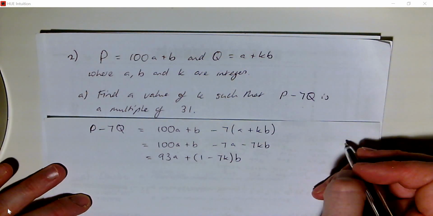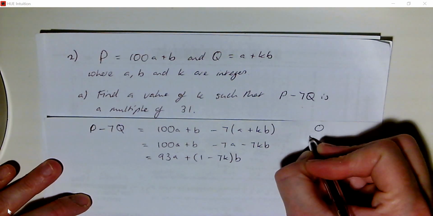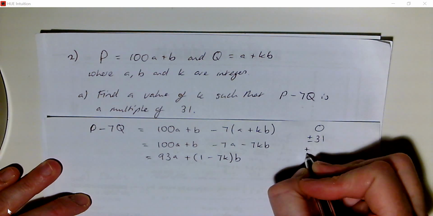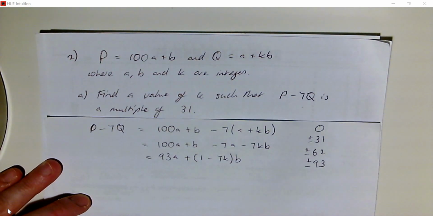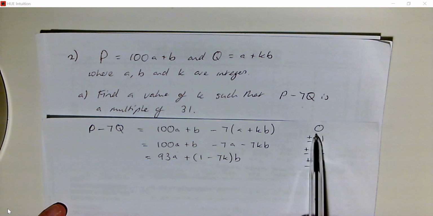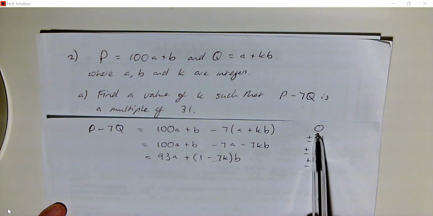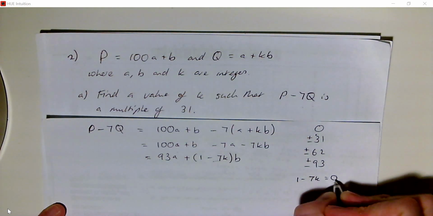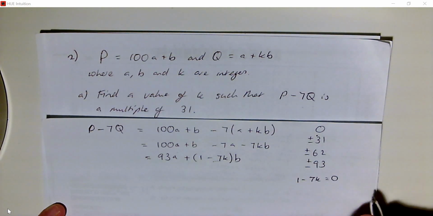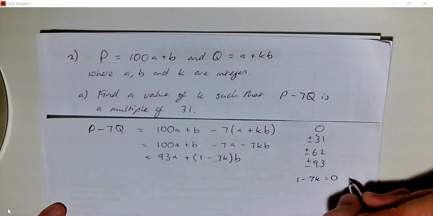So let's jot down some multiples of 31. So we've got 0, we've got plus or minus 31, plus or minus 62, plus or minus 93, and so on. So we'll start easy. We'll first of all think, can 1 minus 7k equal 0, where k is an integer? Now that would give us that k is 1/7, so that's not going to work.